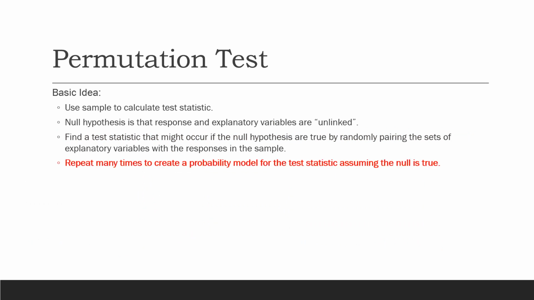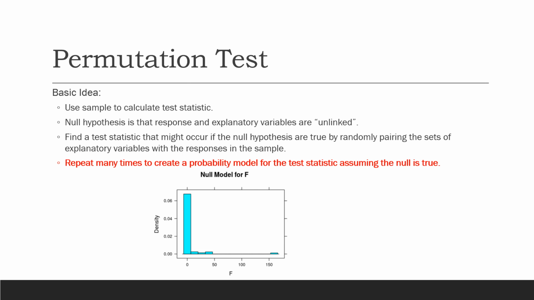Then I need to repeat that many more times so that I can create a distribution of these simulated results. And so here is the resulting histogram, showing different values of that F statistic that might have occurred by chance if the null hypothesis were true.